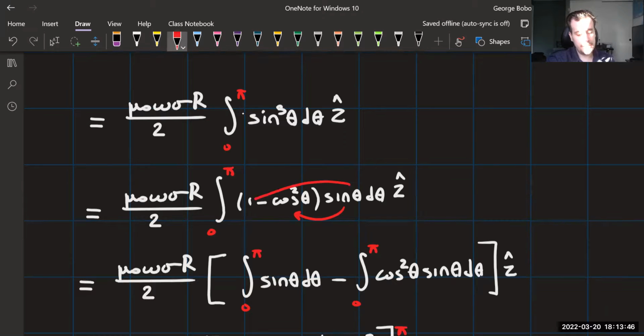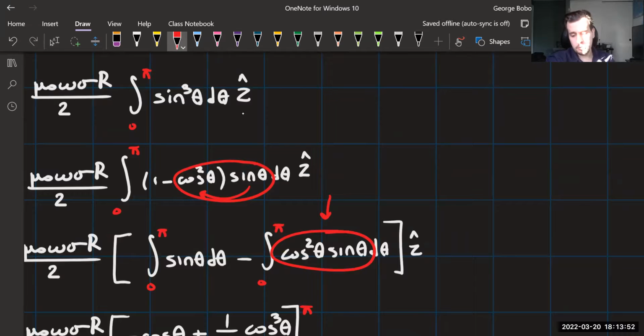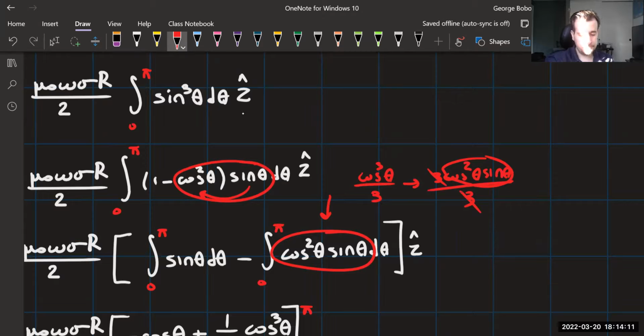And the second one is a product of these two, as you see here. The antiderivative of this, super easy. We have a rule. It's going to be cos cubed over 3. You can try and see if I'm being real, because if you differentiate this, you get 3 cos squared theta sine theta divided by 3. So you get back the original that you have in the integral.